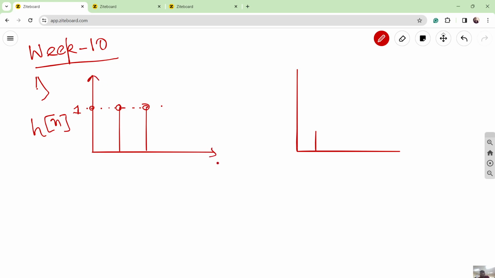This is the direction of n, 0, 1, 2. For this is x of n. So it also has two values. This is 0.5. Direction of n.